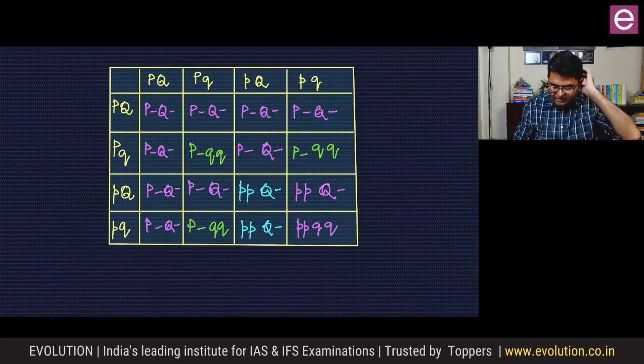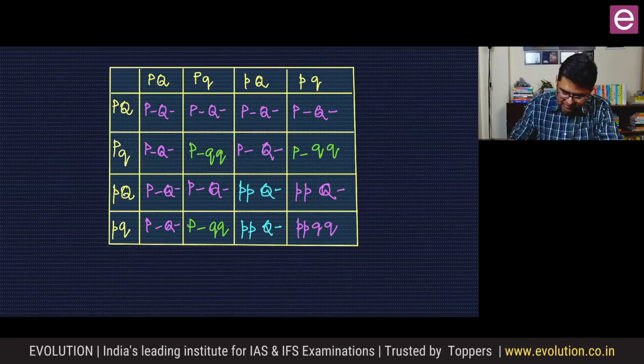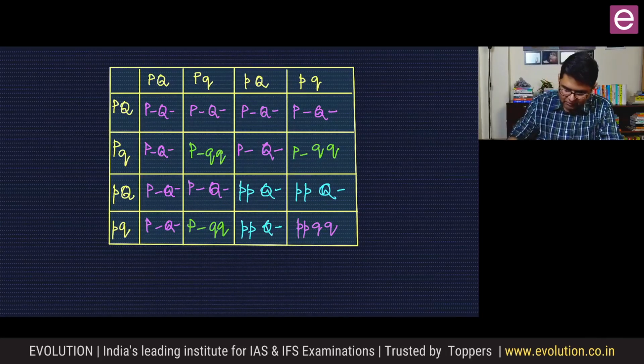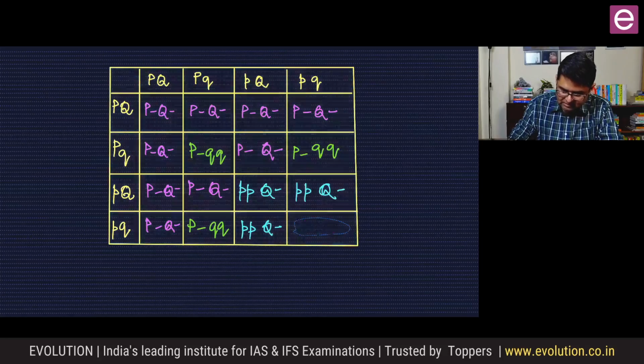Where else do we find P recessive, Q dominant? Here we find P recessive, Q dominant, bright blue. Then let us search for P recessive, Q recessive. Only one here, and we are going to select some nice and fancy color. Let's color it orange.